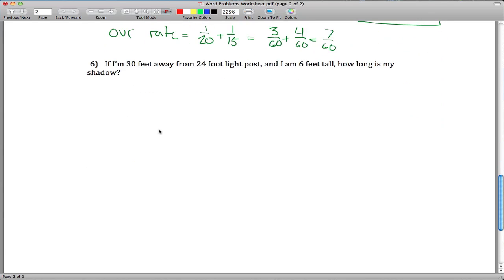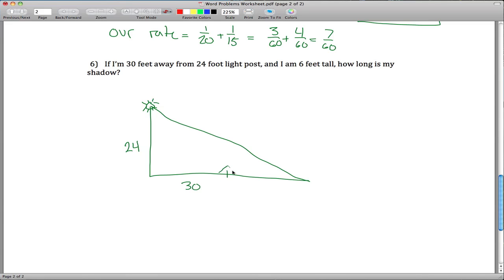And finally, the shadow. More or less a triangle. Let's see, I am 30 feet away from a 24-foot light post. So if this is my light post right here, and it's 24 feet tall, and I am 30 feet away. So if this is me right here, pretty big head.